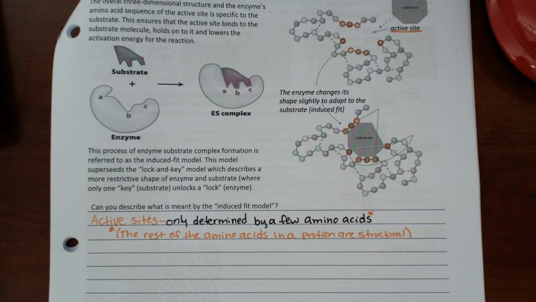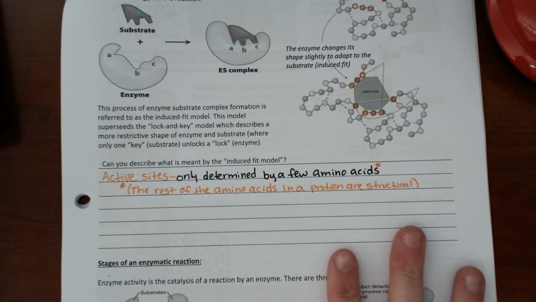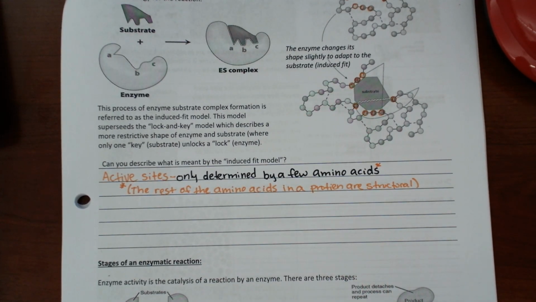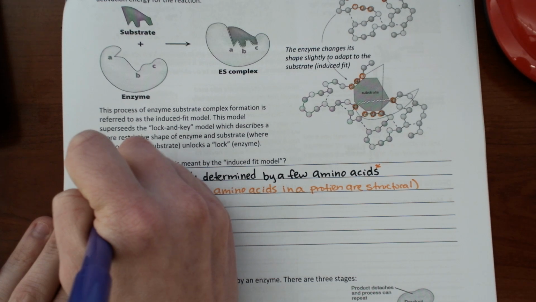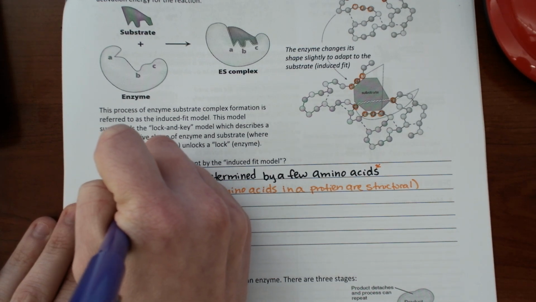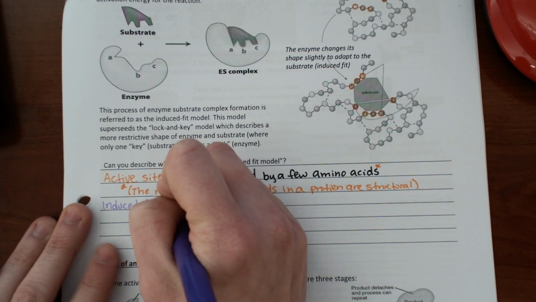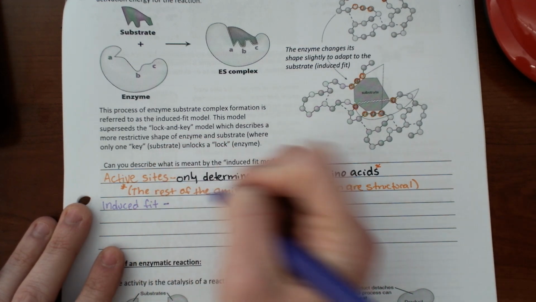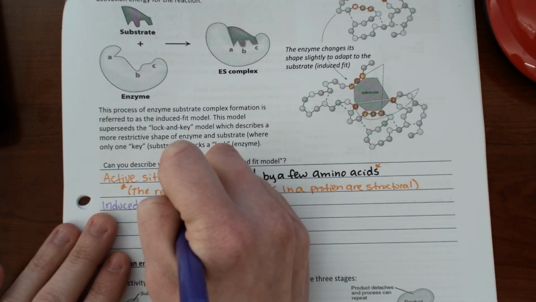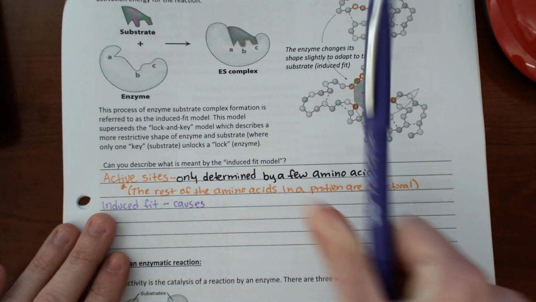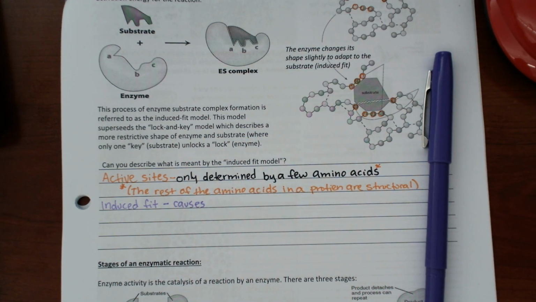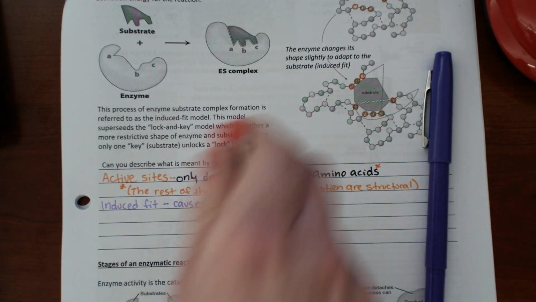And so that's kind of where your induced fit model comes in. What color should induced fit be? Purple. So your induced fit model causes, let's pick a color for enzyme. We'll make enzymes red.